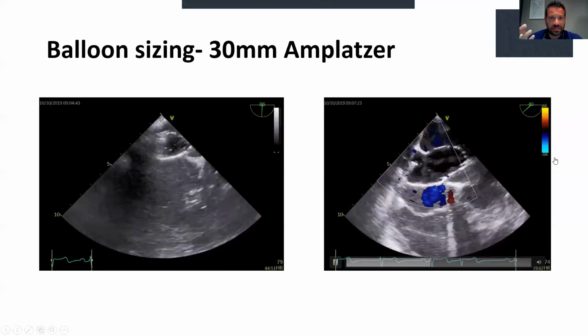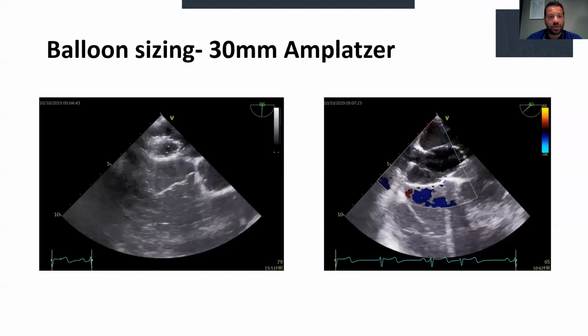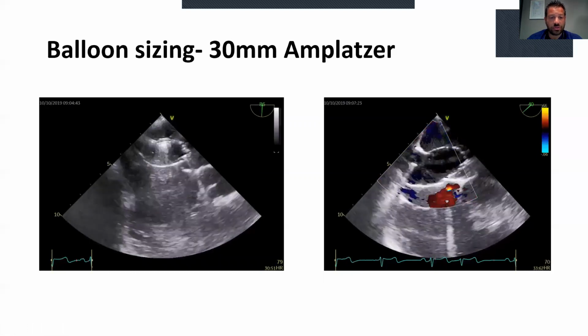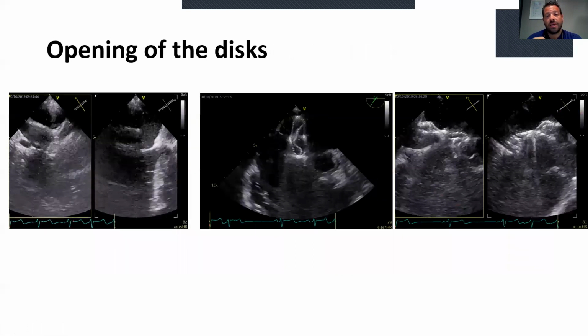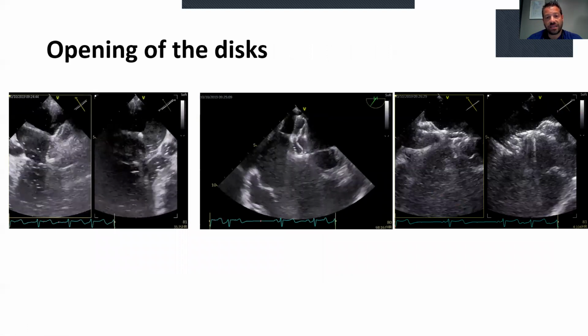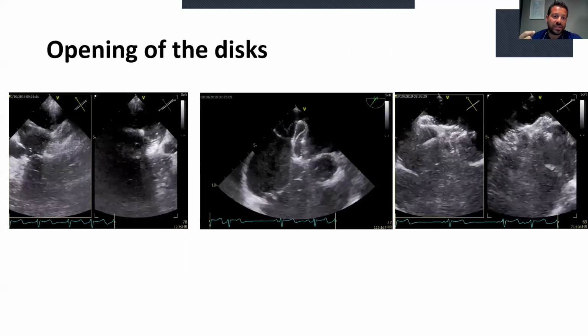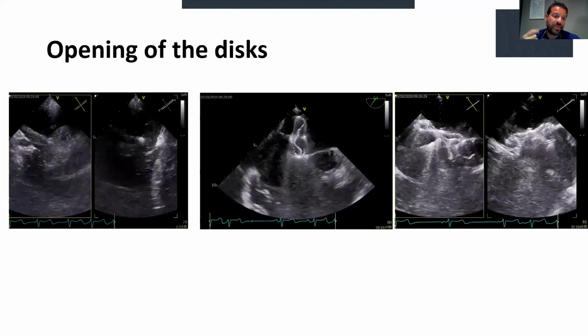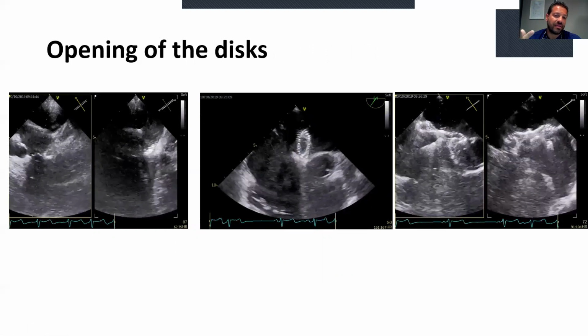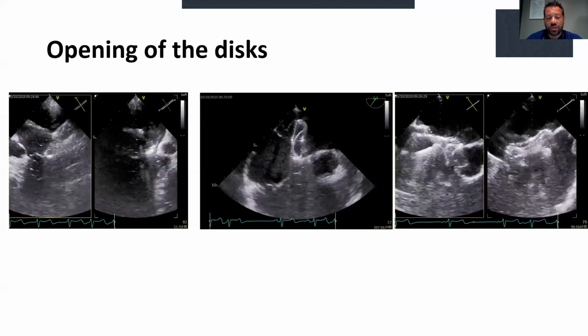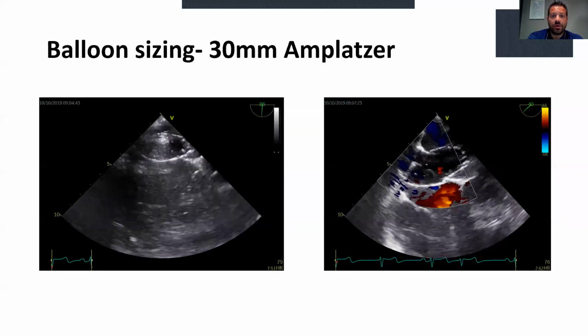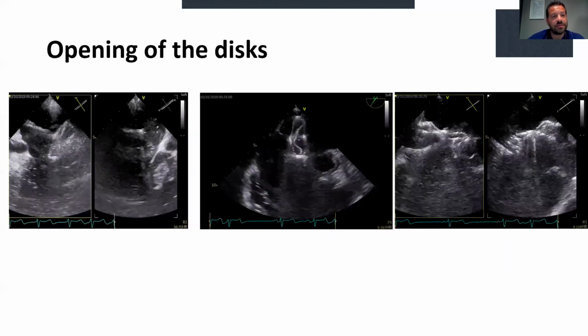So the interventionist inflates the balloon, and then we have to check if we have flow or not. Then we measure the balloon and we decide about the device that we are going to include. Usually we put a bit bigger device than the one that we measured. So in this case, we put a 30 millimeters Amplatzer septal occluder device.